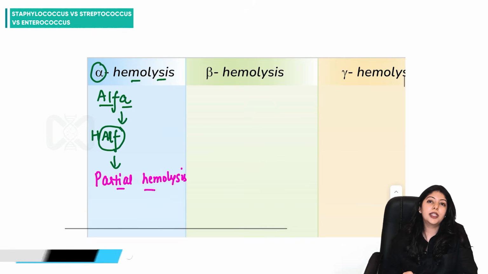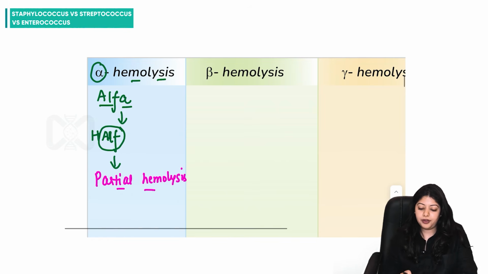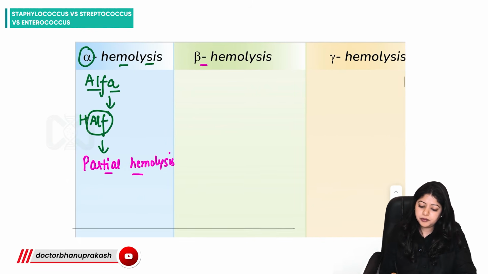Alpha hemolysis is not the complete breakdown of RBCs, but the membrane remains intact, wherein there is a smaller amount of lysis of the RBCs, right? And similarly, we have another type of lysis, which is beta hemolysis.